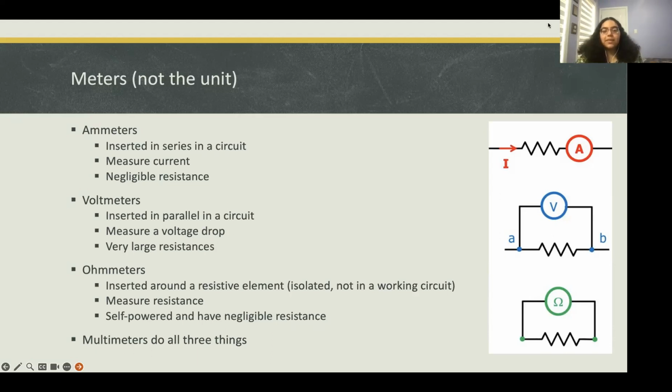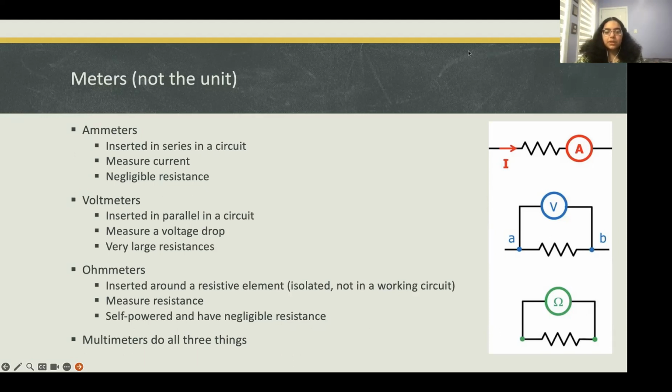So if you put it in parallel with the stuff in your circuit, it'll measure that voltage drop. If you're only measuring the voltage drop across one resistor, then you can look at the picture there. That voltmeter parallel to that one resistor is only going to measure the voltage drop across that one resistor. And it has a very, very large resistance, and hence low current, so that it doesn't bother the current moving through the other spaces.